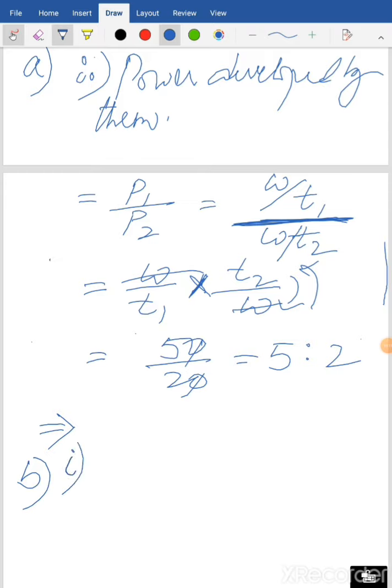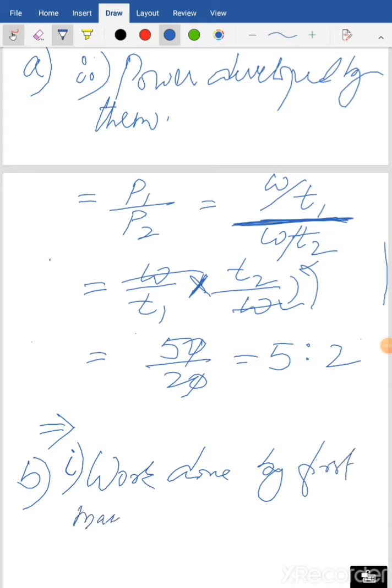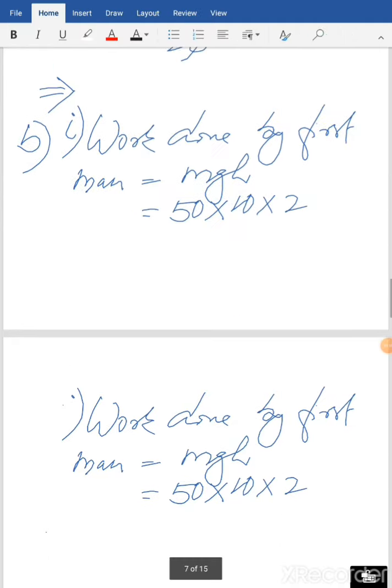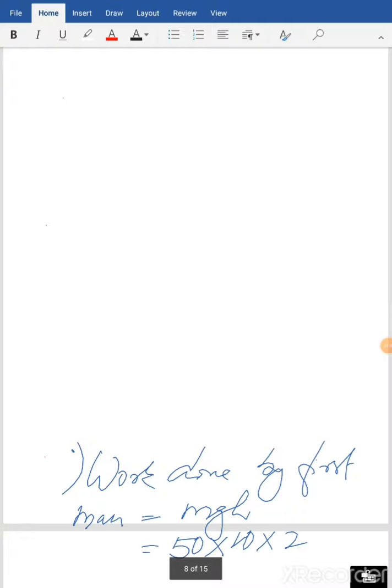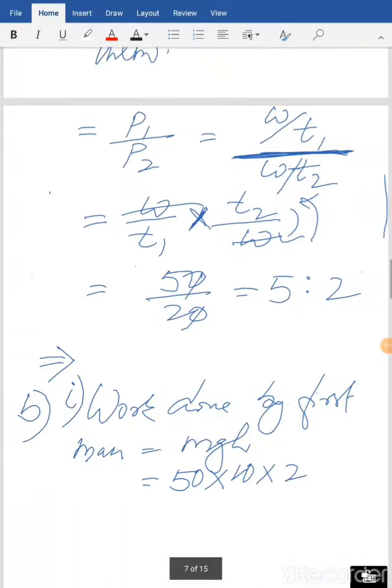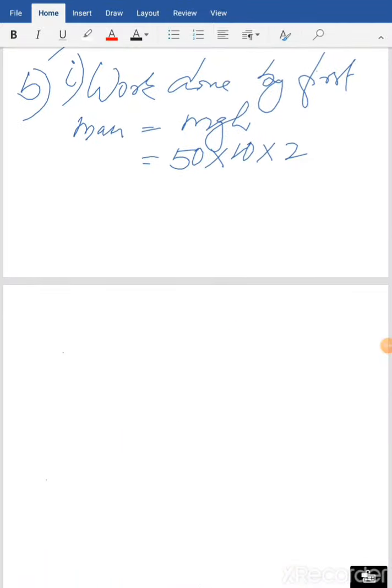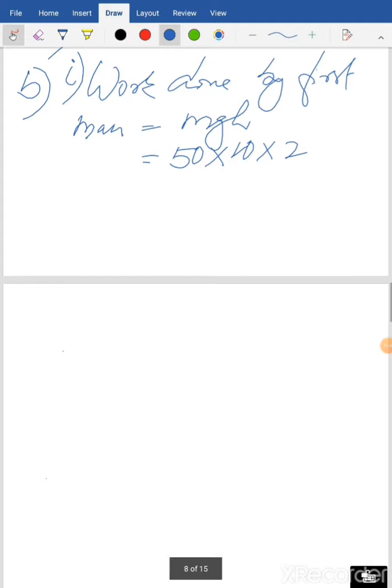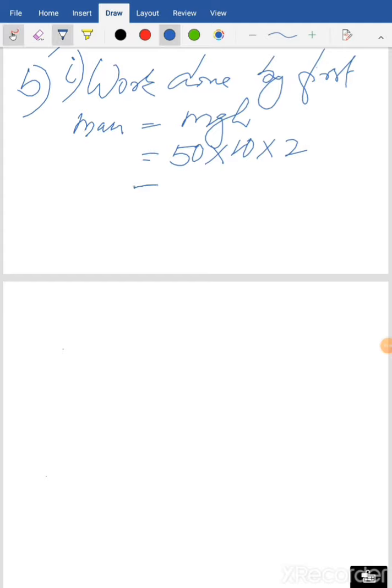So B1 is work done by the first man, first person, equals mgh, that is mass is 50 here, acceleration due to gravity is 10, and the height up to which they are lifting the box, 2, equals 1000 joule.